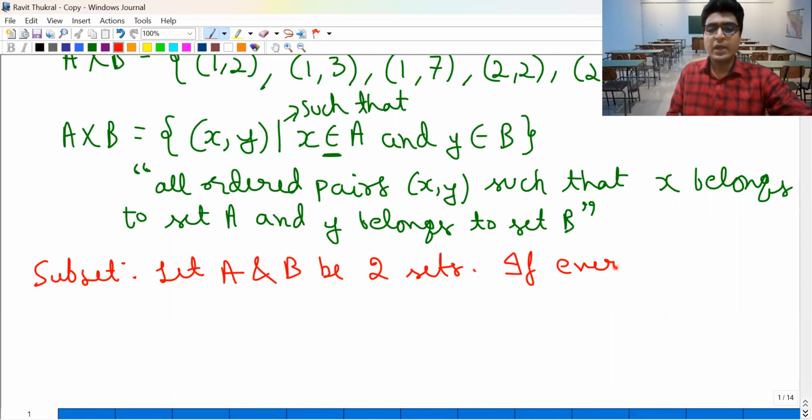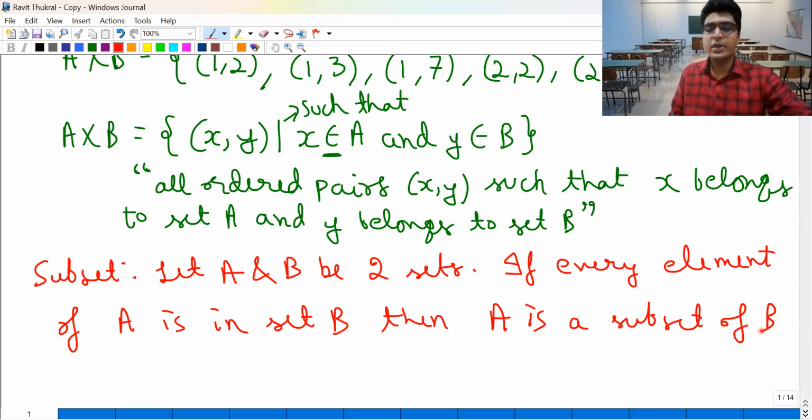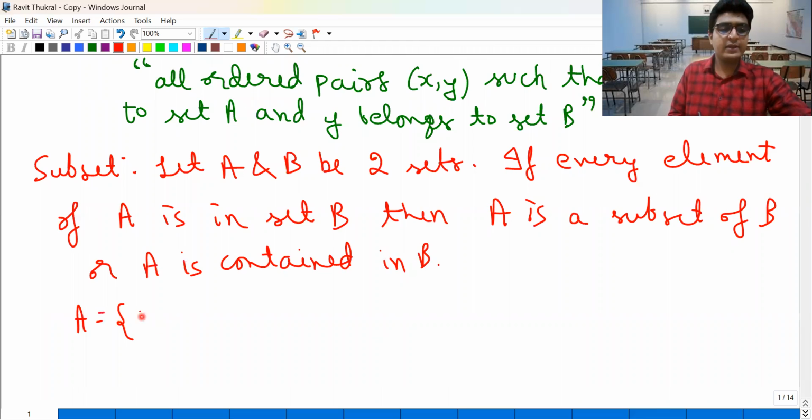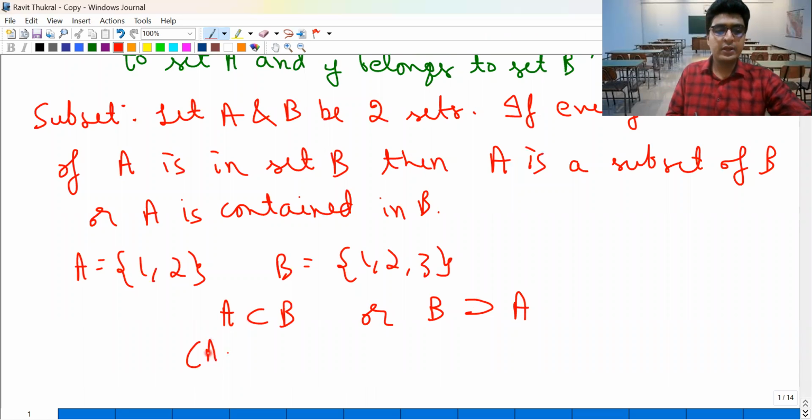If every element of A is in set B, then A is a subset of B, or we can say that A is contained in B. For example, if set A has elements 1 and 2, and set B has elements 1, 2, and 3, we can clearly see that all the elements in A are also in B. So A is a subset of B, or you can say that B is a superset of A. You can just flip the symbol.